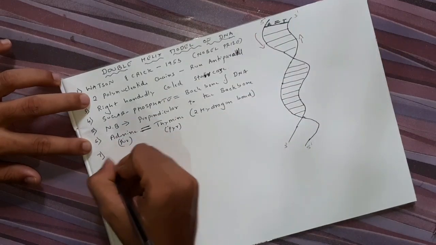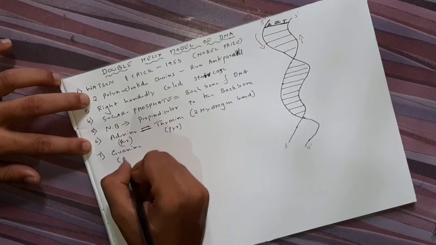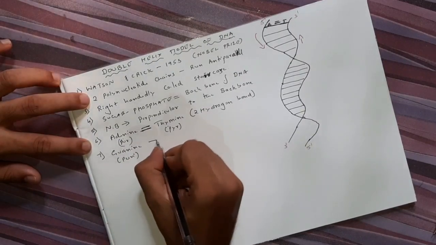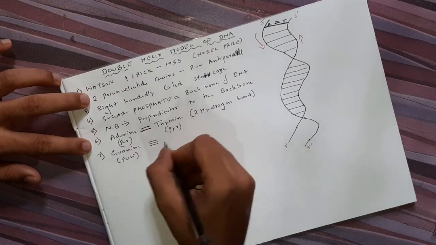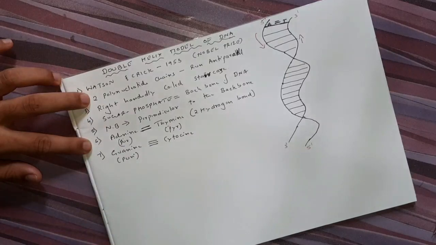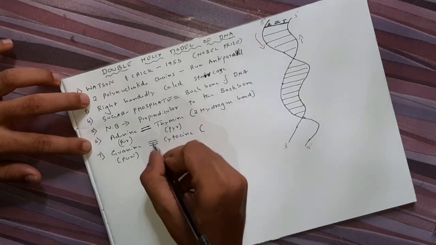Another thing, the guanine. The guanine is a purine, correct? It always binds to cytosine. So guanine always binds to cytosine in DNA with the help of three hydrogen bonds.